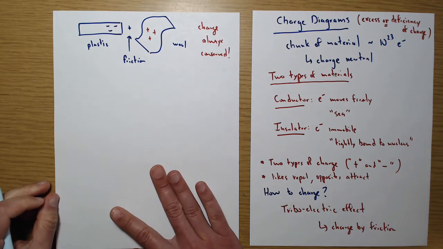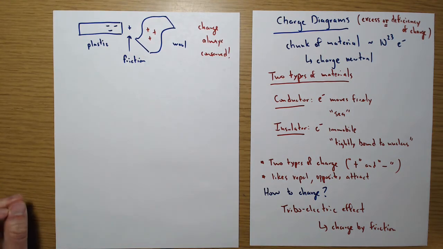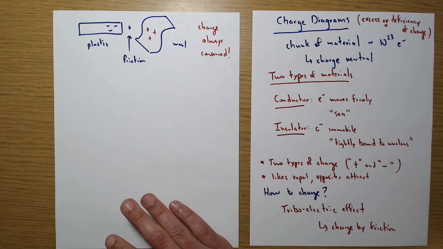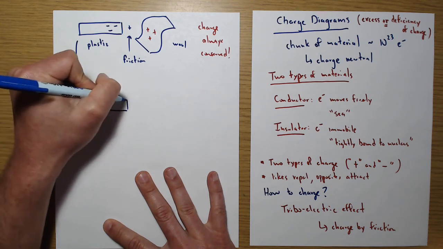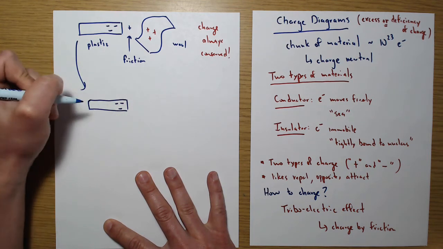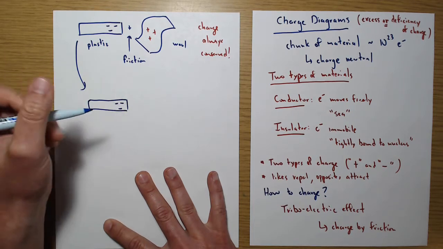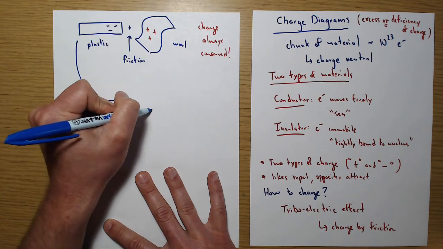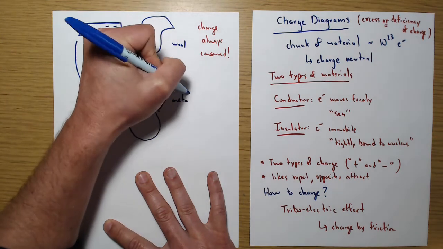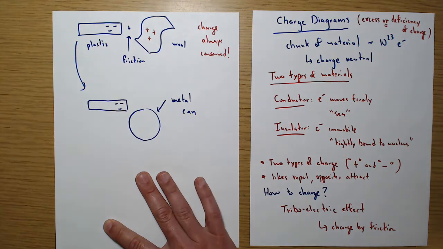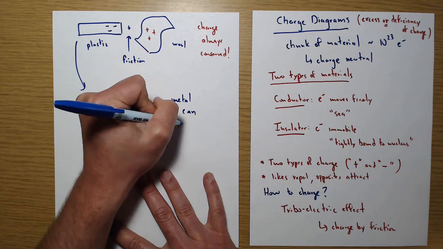Okay, now let's say I have this plastic rod and I want to take this plastic rod and I'm going to basically bring it towards a metal can. Well, most metals are very good conductors.